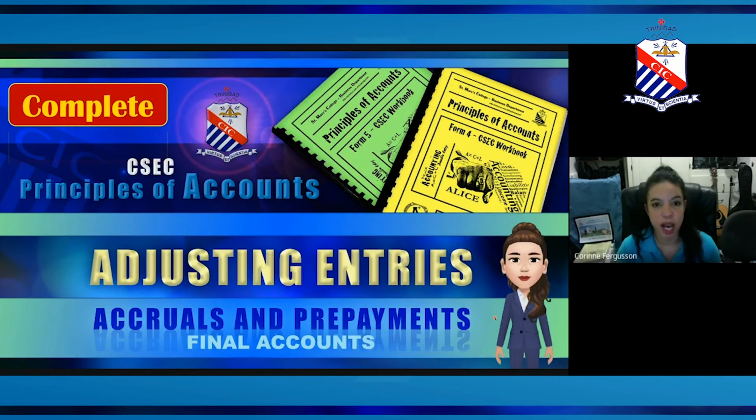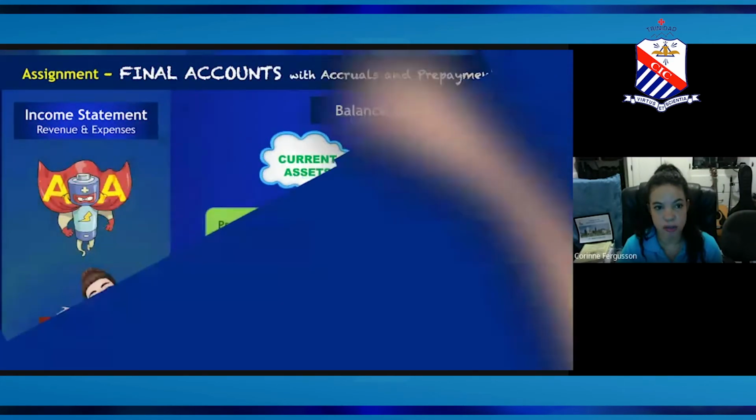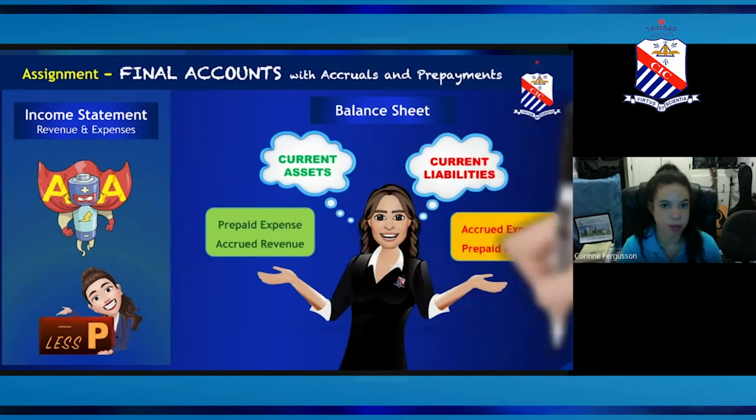But you have to know how to do the entire income statement and the balance sheet. So you had practiced it before without any adjustments. Now we are going to do it with the accruals and prepayments, using what you should have learned with all that practice and repetition, right?